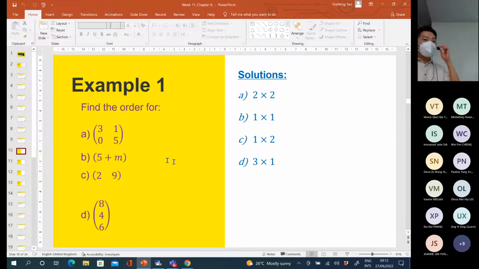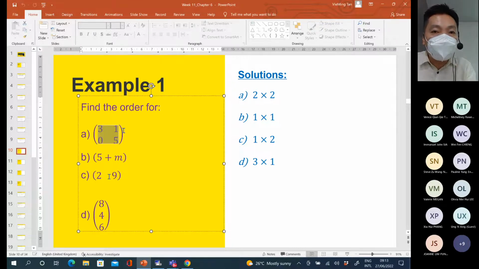Okay, so for example, I just want to test your understanding of the order of the matrix. Let's try question 1A. This is a square matrix because the number of columns and rows are the same, equal to 2. For this question, how many rows altogether? 2 rows.